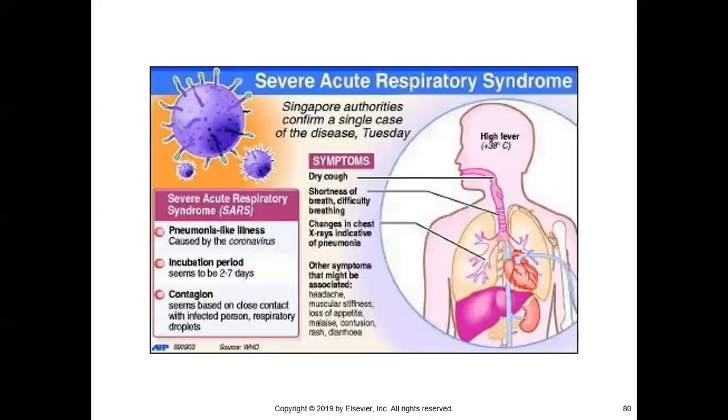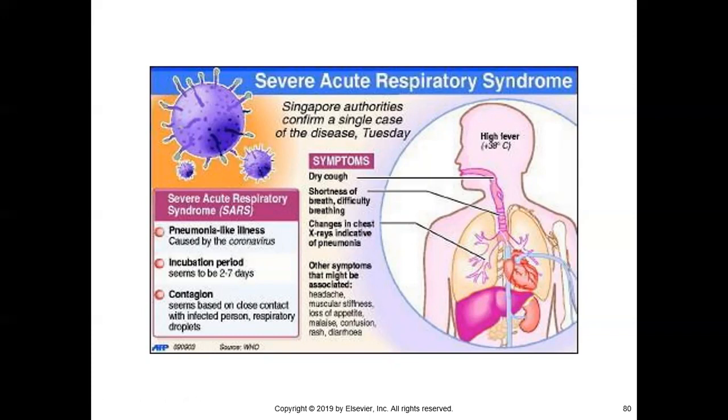In this picture, we can see the patient usually presents with high fever, dry cough, shortness of breath, and changes on the chest X-ray indicating pneumonia.